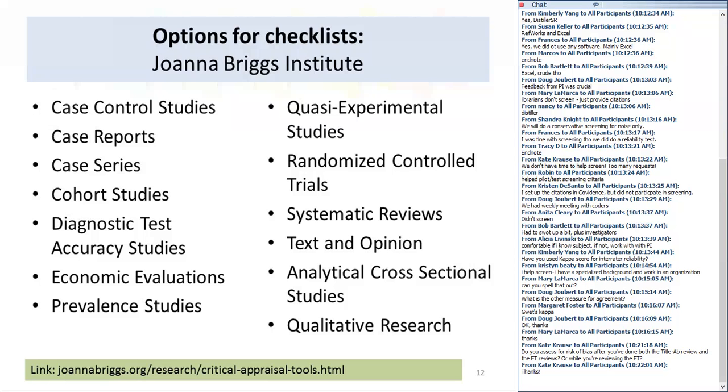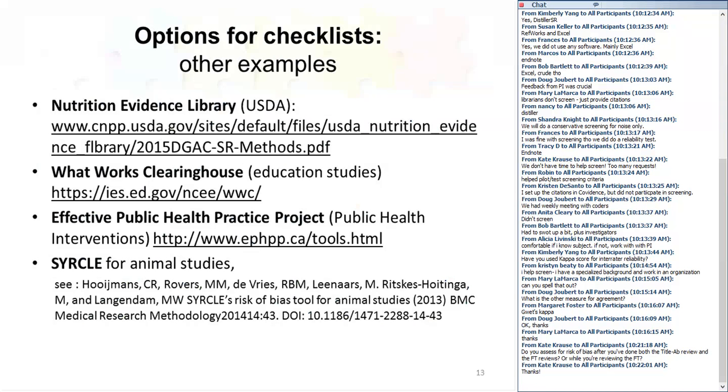So that's another example of some checklists that are out there, and on this list, I provide even more. Some groups will go ahead and create their own. Like the USDA one, which is very limited to trials or some observational studies.